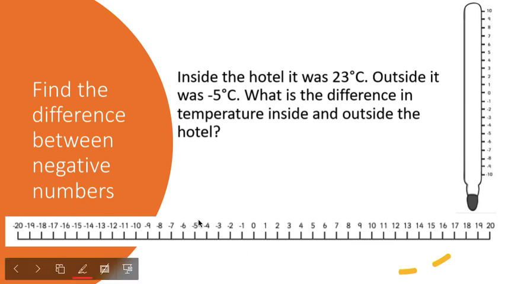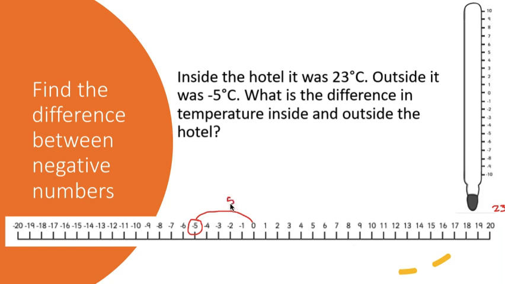For finding the difference, we must find the minus 5 and the positive 23. It goes off our scale a little bit here, so I'm just going to write the number 23 up here. But sometimes we can't use the scale. Sometimes we have to think outside the box and imagine it too. So what's the difference between the temperature inside and outside? We're on -5. I know I'm going to have to jump 5 to get to 0.